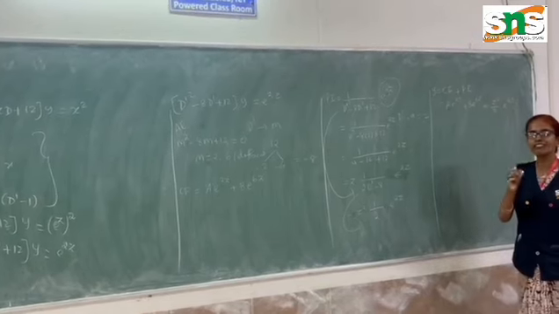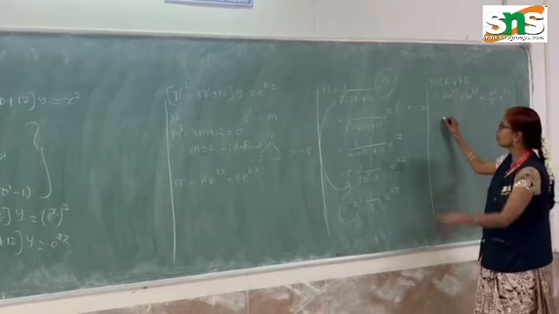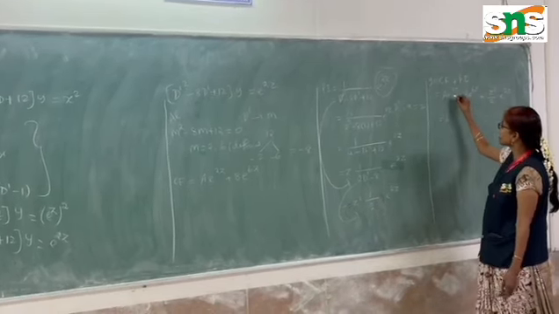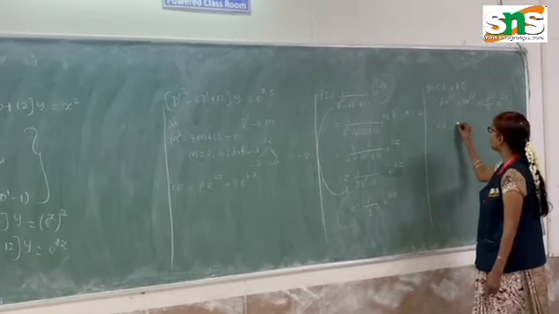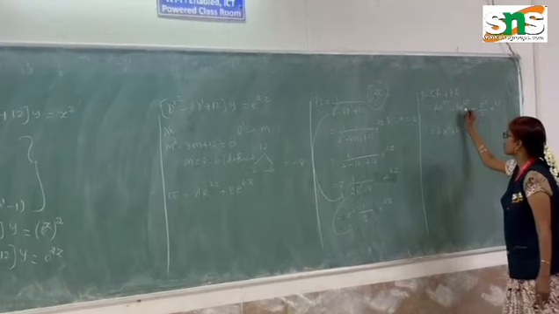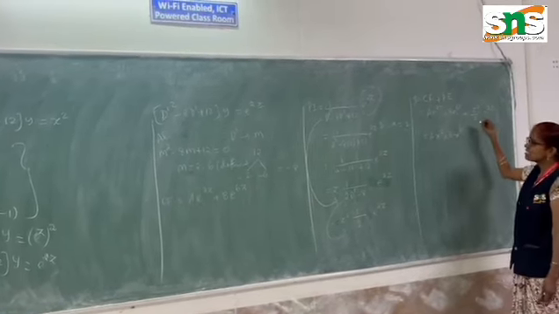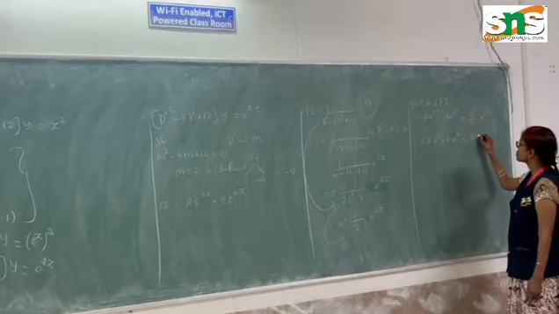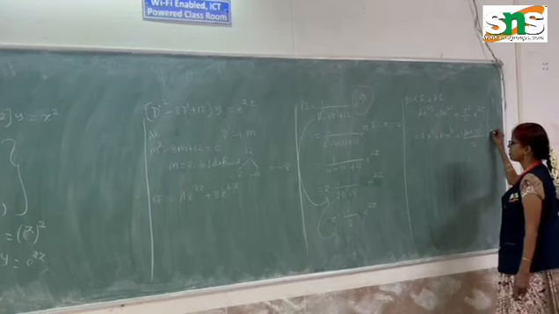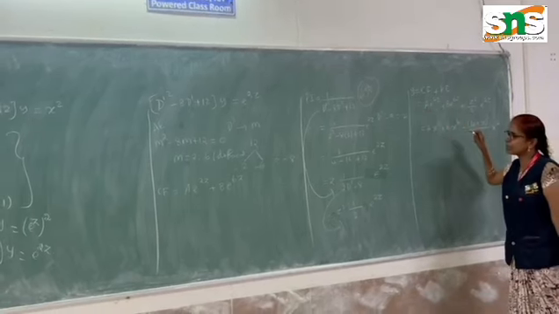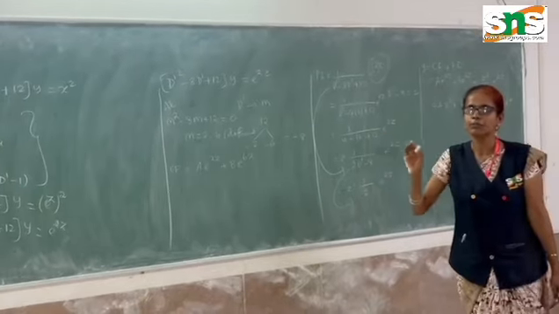At last I want to convert all z in terms of x, because we already know the substitution. e power z is x, so we can write a x squared plus b x power 6, plus z is log x, so (log x) the whole squared by 2, into x squared. So this is y in terms of x, the solution for the given problem. This way we need to solve the problem.